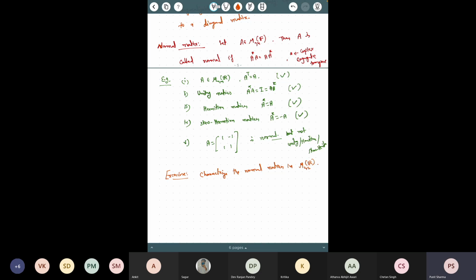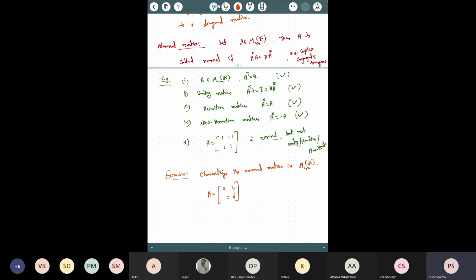What do I mean by characterize? That means if you have a 2 cross 2 real matrix A, then this is normal if and only if these entries A, B, C, D satisfy certain properties.